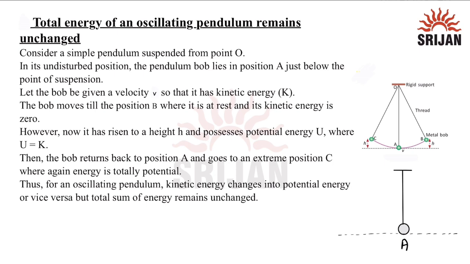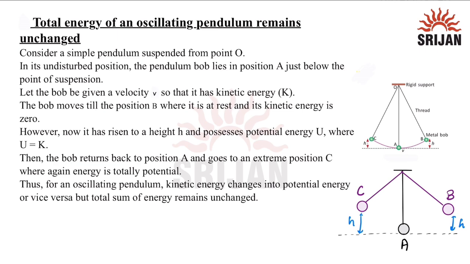I'll draw these conditions in a different color. This is the second condition and this would be the third condition. This is the B position and this is the C position, and as you can see, these two positions are at height h above the reference, or above the ground.